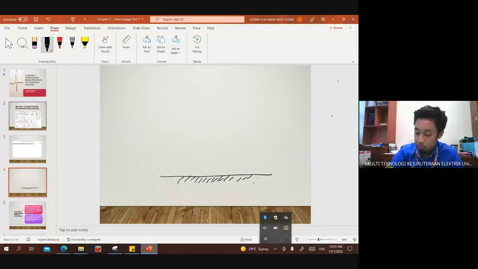So this is the ground, and then during the hot summer, the hot ground will heat the air, and the warm air will rise.